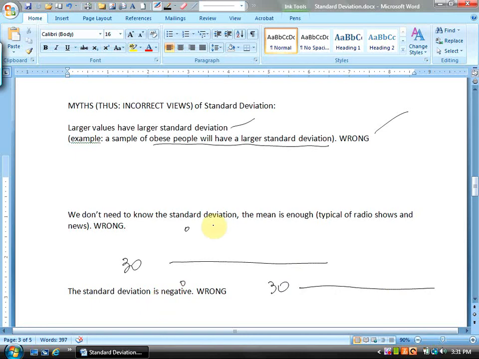When I have numbers bouncing far from the 30, let's say I have a 20 and I have a 40, the average here is 30. Now here I have a 31 and I have a 29. The average here is 30. So in both cases they are 30. However, the quantities bounce farther in the first case.